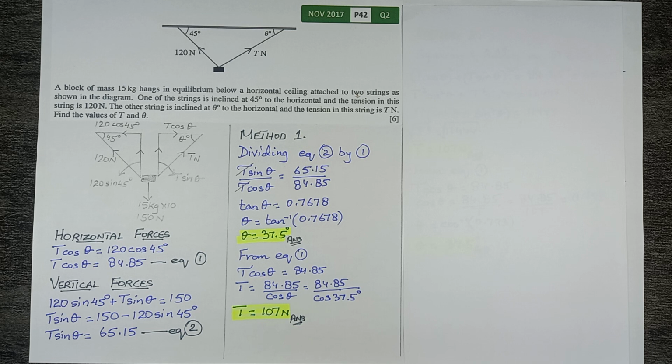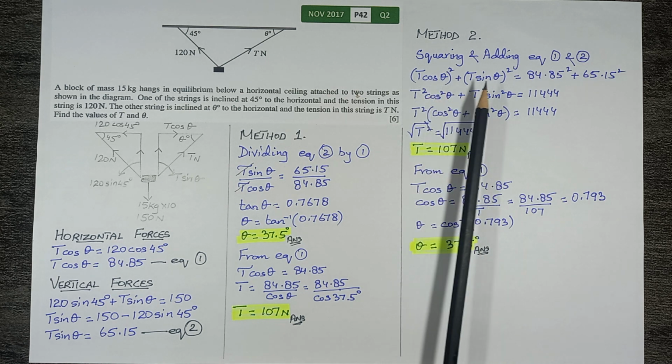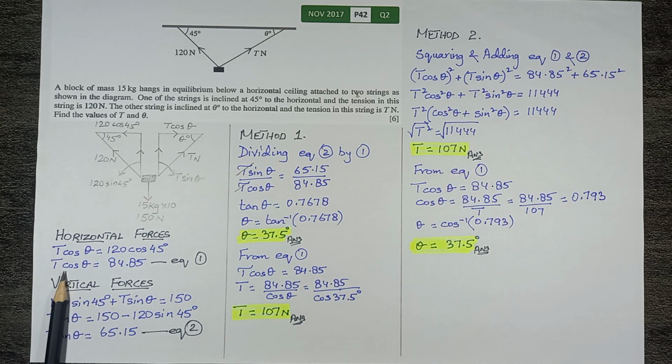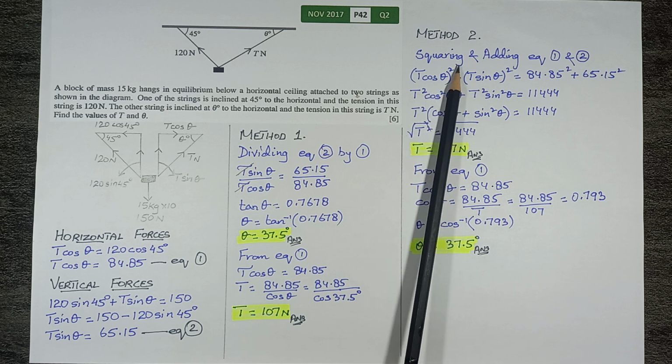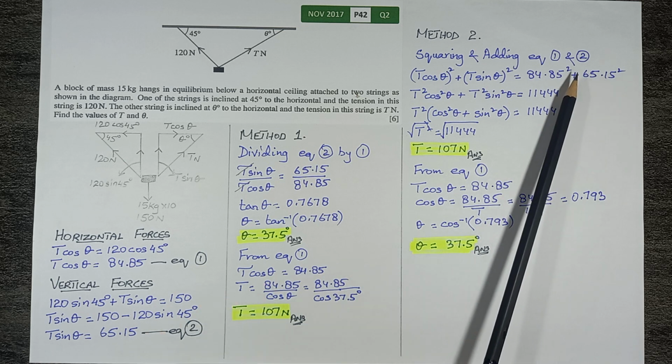Very easy method. We do have another method also, which is also very simple, that is squaring and adding equations 1 and 2. That means first of all you have to square equations 1 and 2, and then you have to add. Equation 1 is T cos theta, equation 2 is T sine theta. Just first of all square them and then add them, and definitely that would be equal to 84.85 squared plus 65.15 squared.